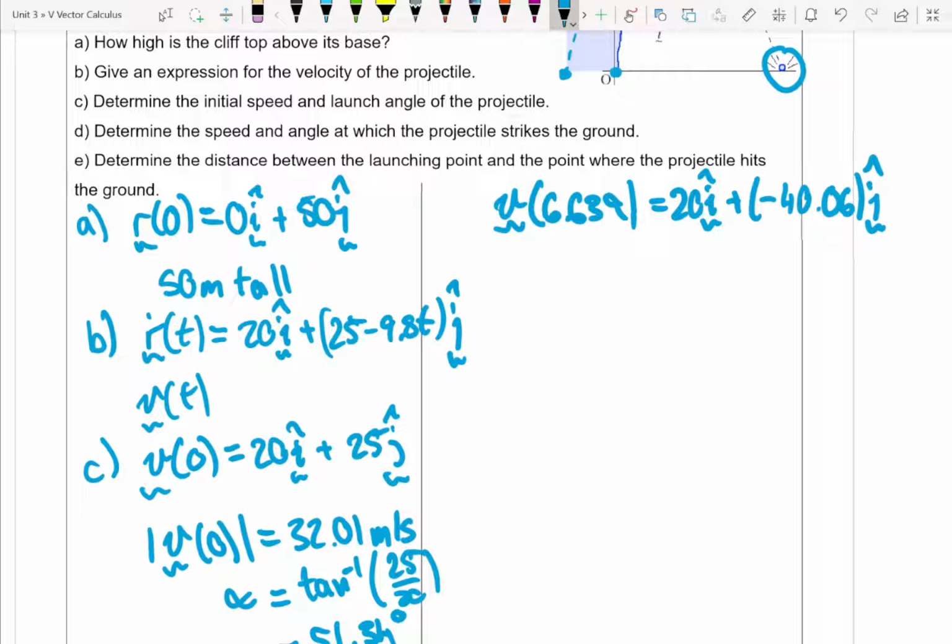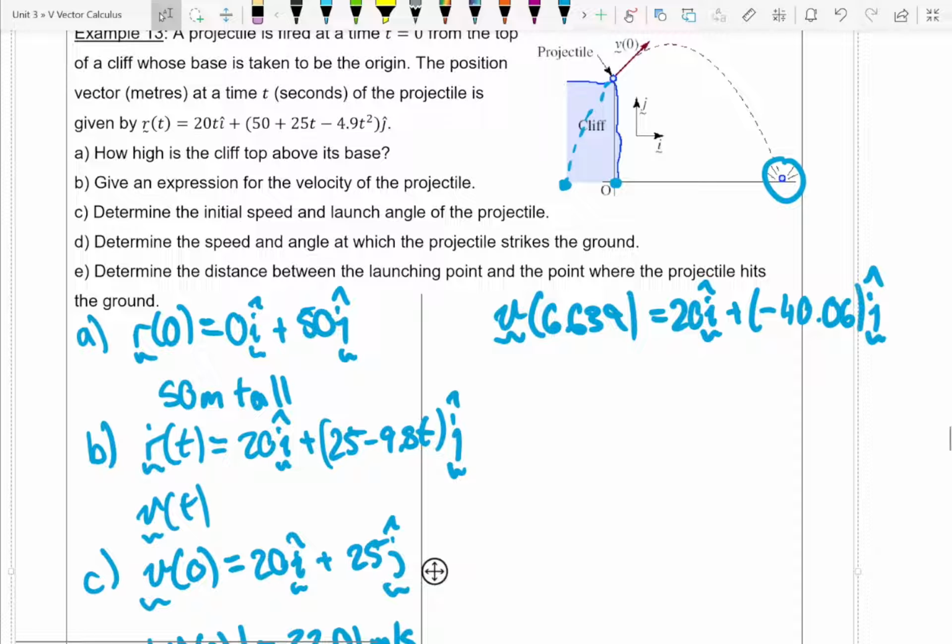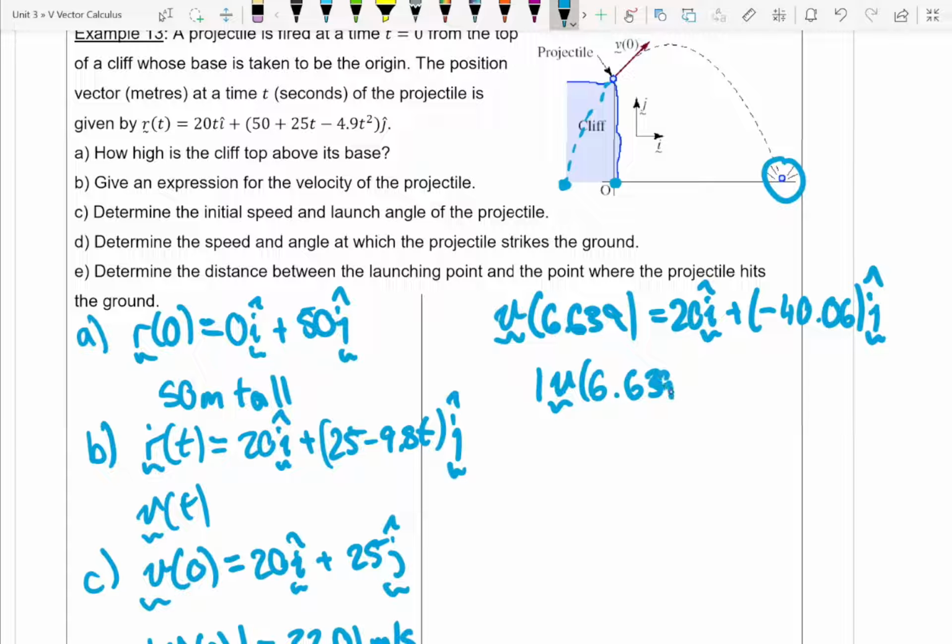That makes sense because we have a negative j velocity, since the projectile is going downwards after the midpoint. Finding the speed is going to be the magnitude of v at 6.639, and the angle is going to be tan inverse of 40.06 over 20. That'll give us our first quadrant solution, which we can use to find the angle into the ground.